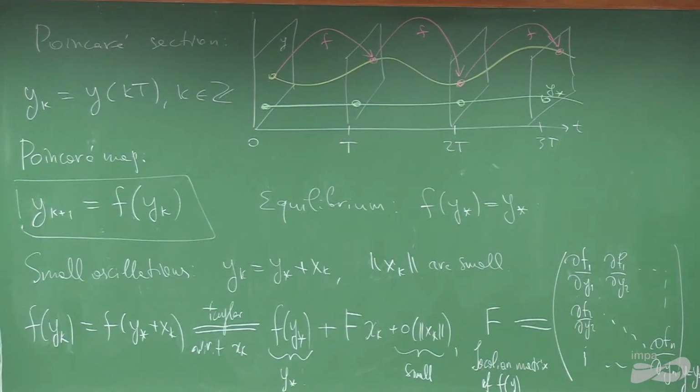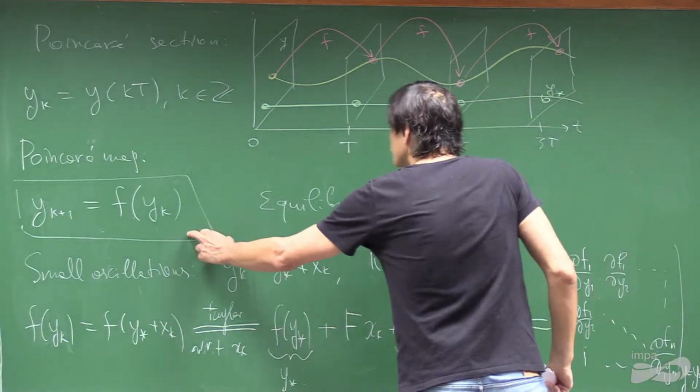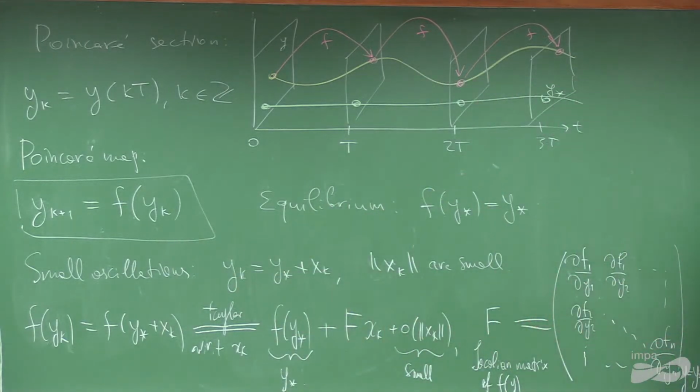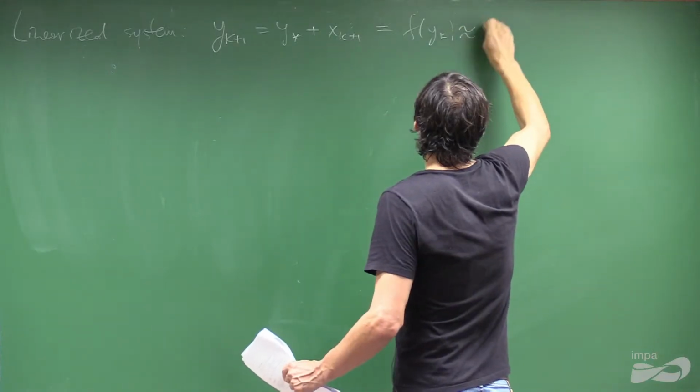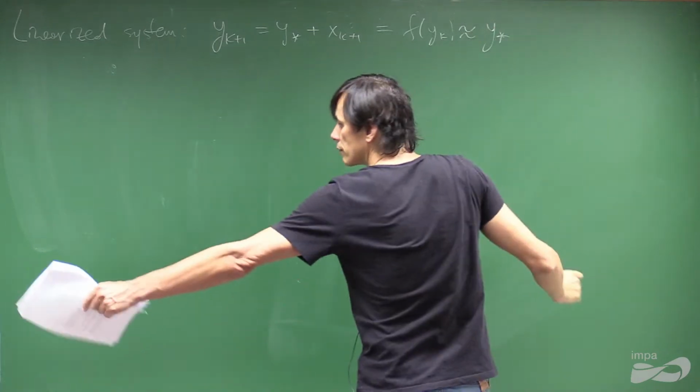So let's write it first in original form. So yk plus 1, y star plus xk plus 1. It's one side. Another side, it's equal to f of yk, which is approximately what we obtained there.